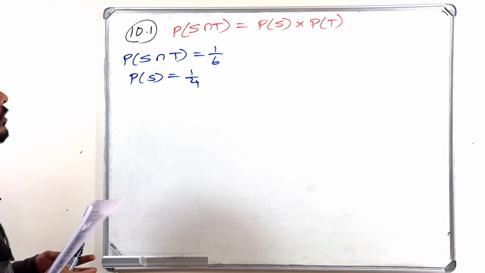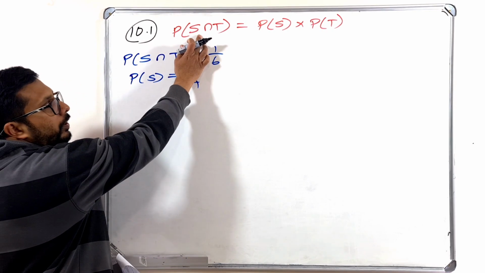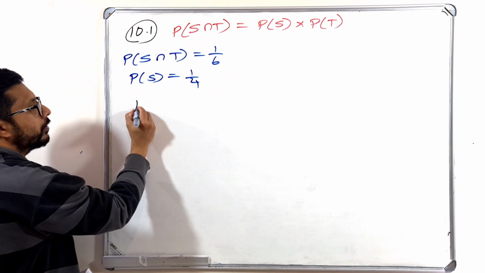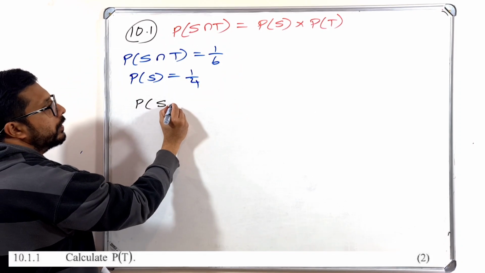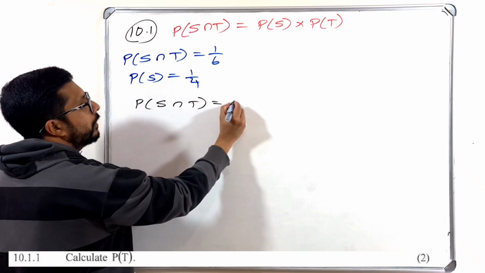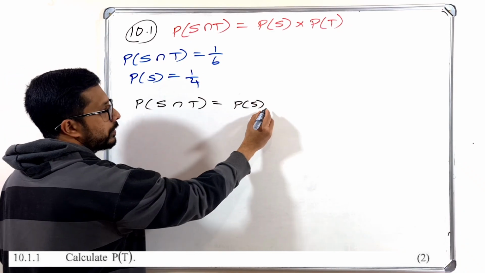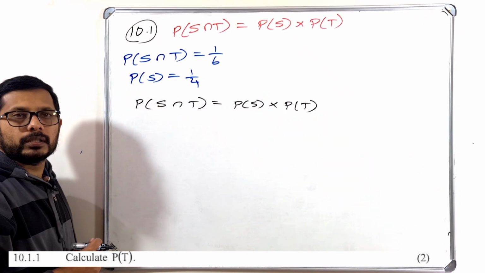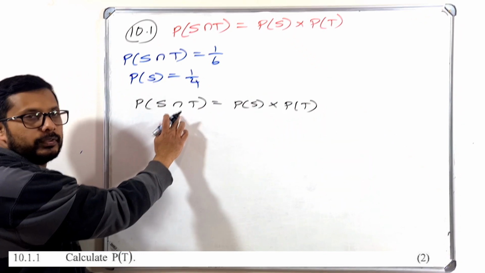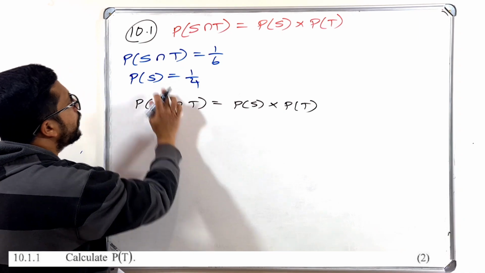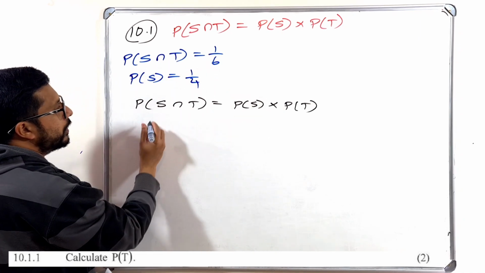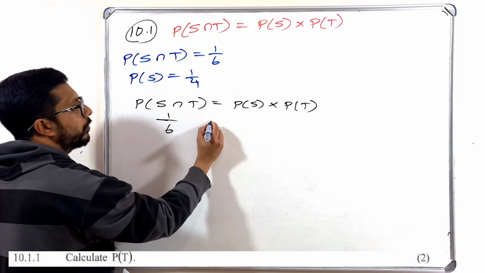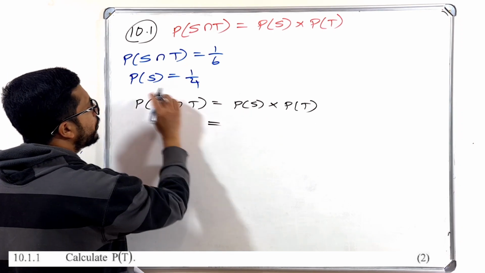Everything is given, and since S and T are independent, we can write that the probability of S intersection T is equal to the probability of S times the probability of T. This is the condition. What is the probability of S intersection T? This one is 1 over 6.